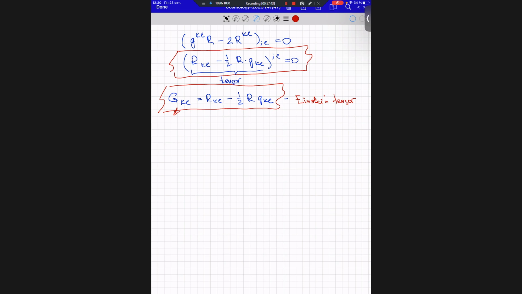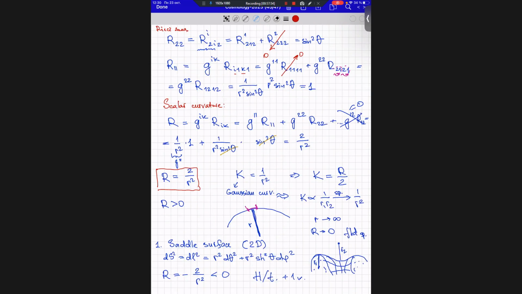Do you have some questions? Our home task is to obtain all the non-zero Christoffel symbols, components of the Riemann tensor, components of the Ricci tensor, and finally the scalar curvature.